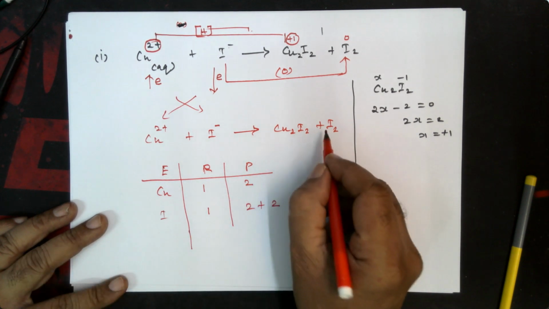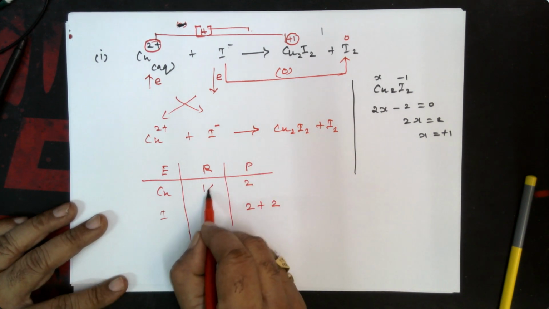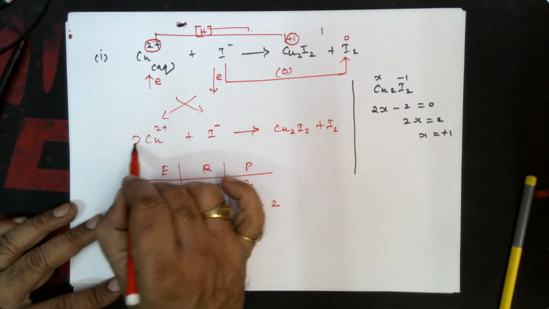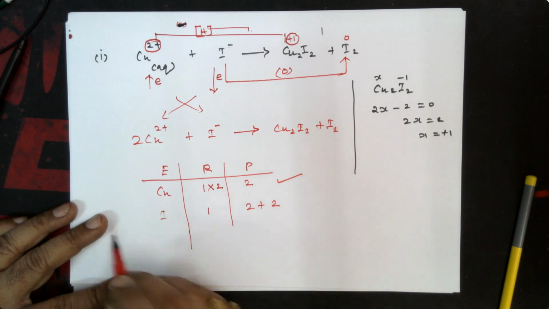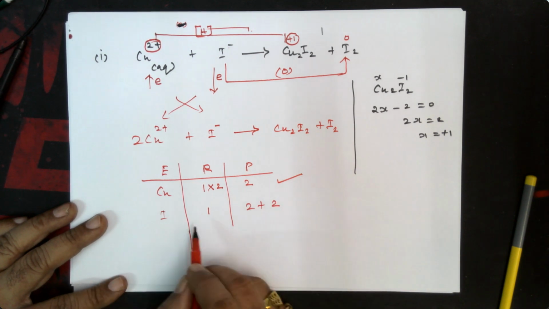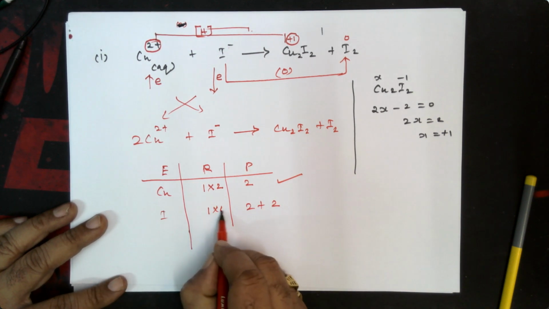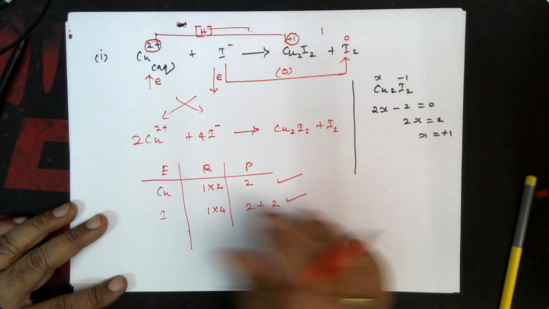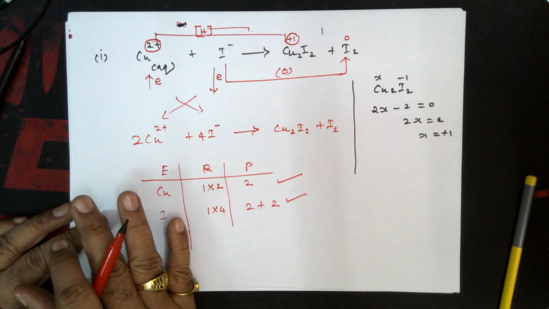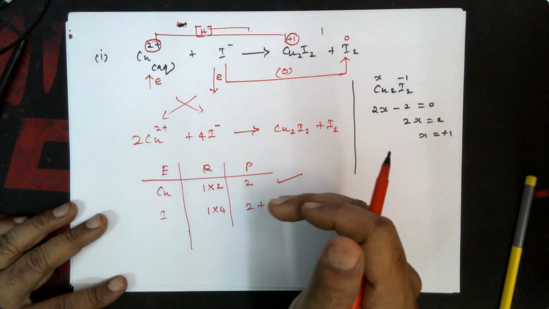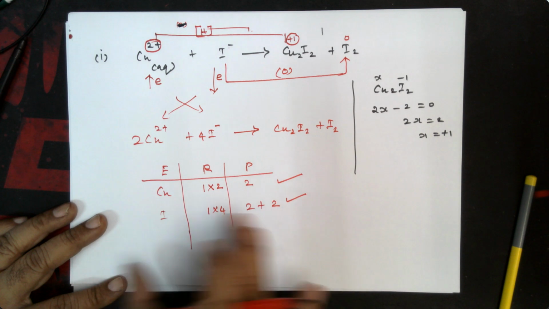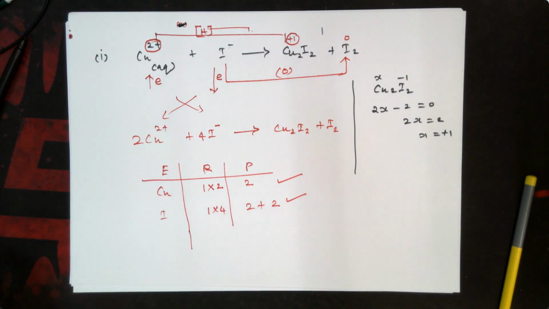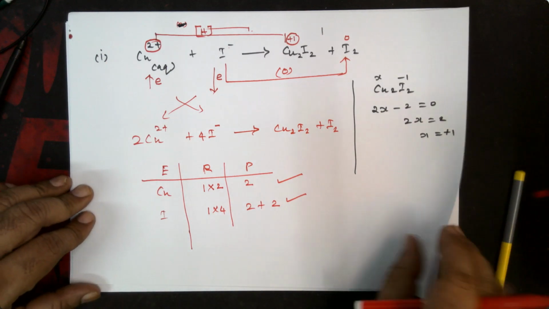So you can multiply this by 2, so balanced, and here 2 plus 2 is 4, so you can multiply this by 4. Now this is also balanced. So this is the procedure you have to follow. You can do it at random, but this will give you a clear picture of balancing the chemical reaction. Okay, now let us proceed with the next question.